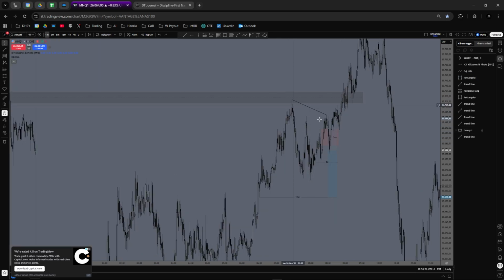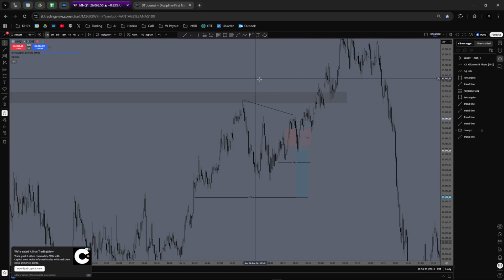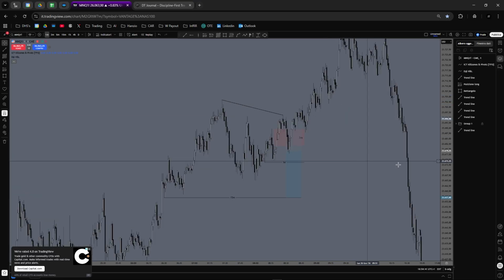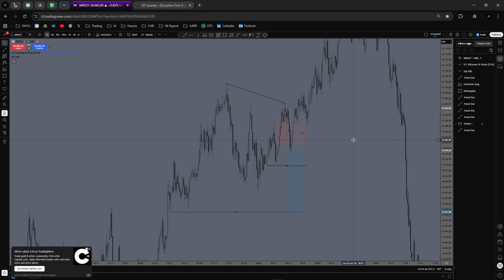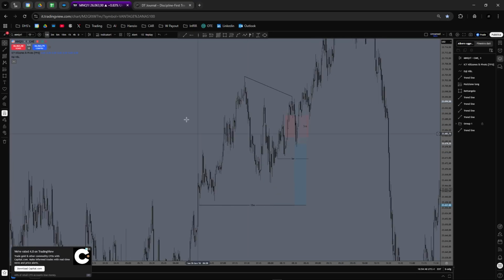In this case, we tap once, and then we fail to tap twice or sweep this internal high inside of the high time frame PD array. It could be valid, but I don't know why I took this trade. Ass trade.